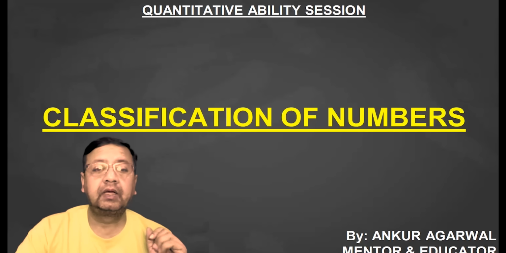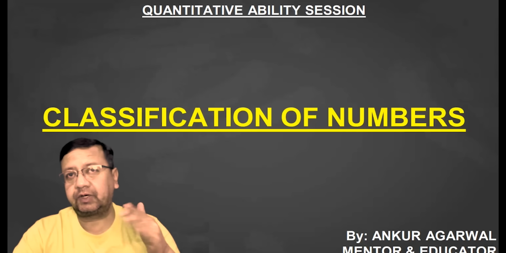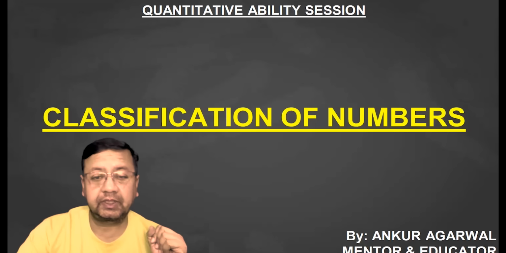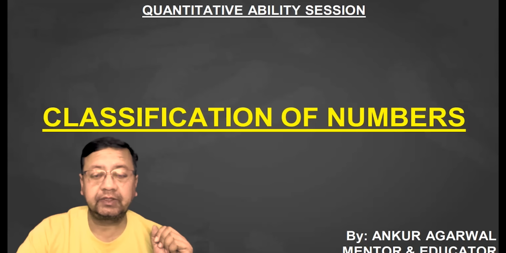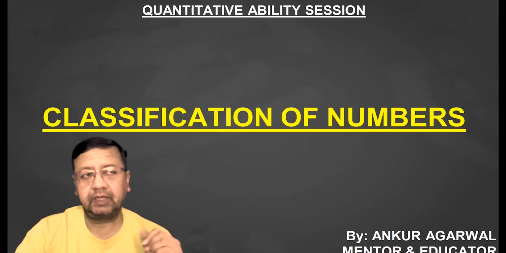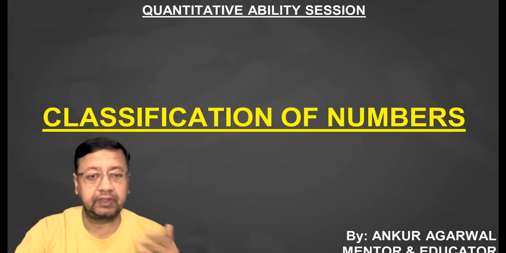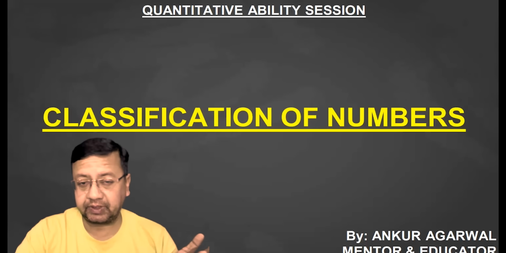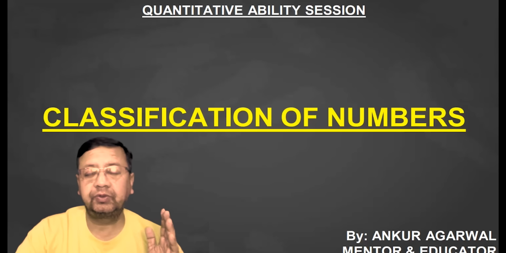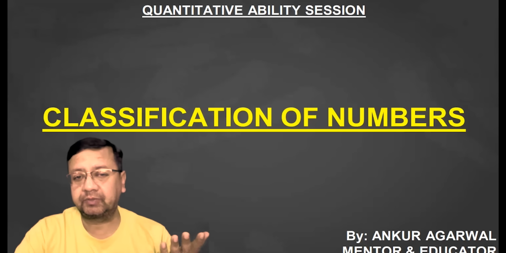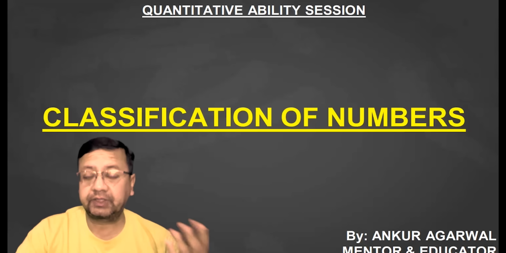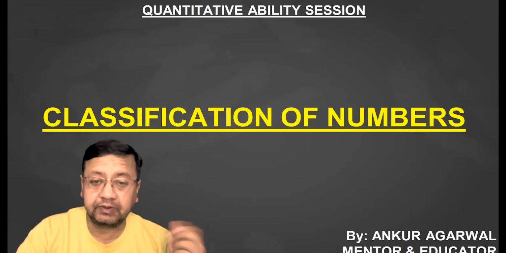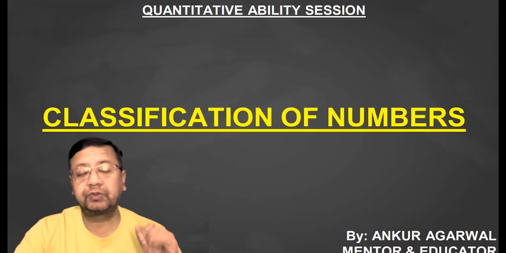Now, when we talk about questions based on numbers, there are various names and nomenclature. If I say natural number, real number, imaginary number, I should know if I'm talking about natural numbers, what is the range of numbers I should take? If I take fractions, what kind of numbers should I take?